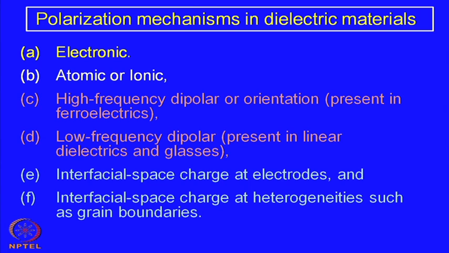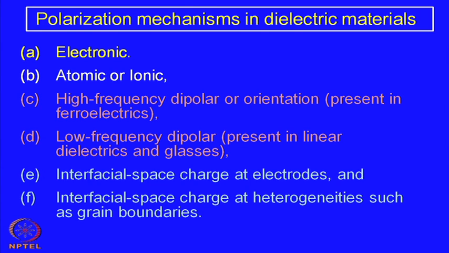We have a high frequency version and a low frequency version. The high frequency version applies primarily to ferroelectric materials, about which we will discuss later, and the low frequency, the dipolar version, primarily applies to glasses.